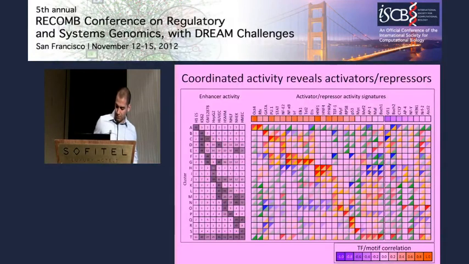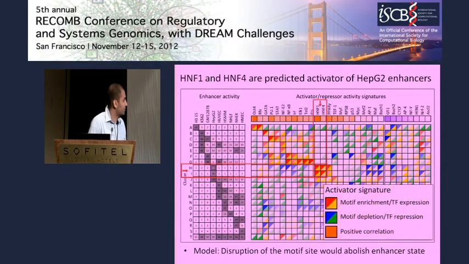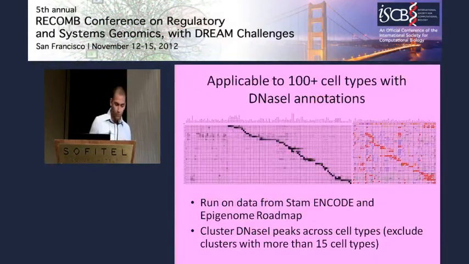I want to draw your attention specifically to these 2 clusters, these HepG2 enhancers, where we find activators HNF1 and HNF4. We've moved this beyond this, and we are now applying it to DNase data from John Stam's lab. We find that basically these same methods work there to find activators and repressors across hundreds of cell types.